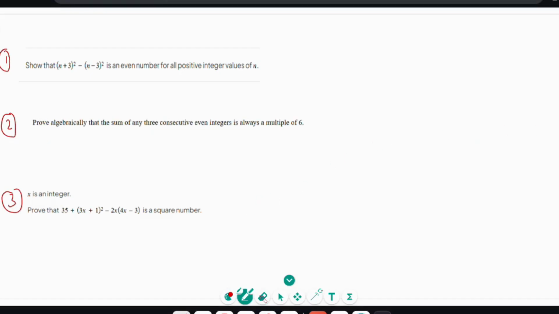Okay, question 1. We're showing that (n plus 3) squared minus (n minus 3) squared is an even number. So let's expand this first set of brackets first.